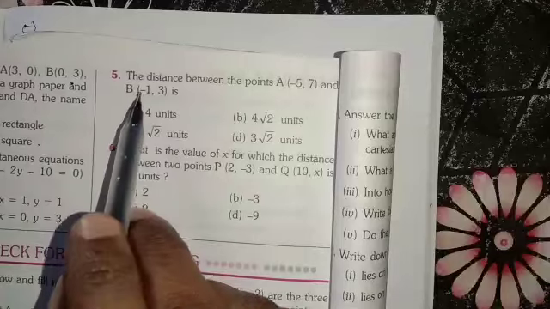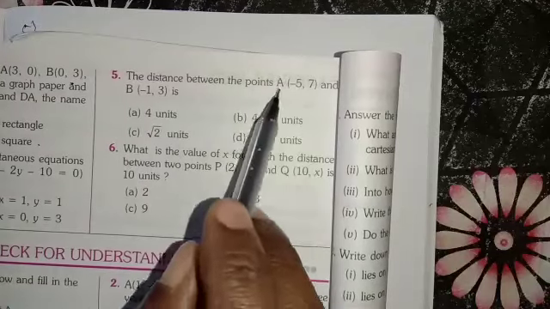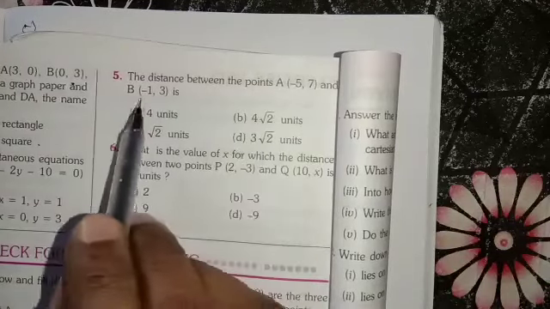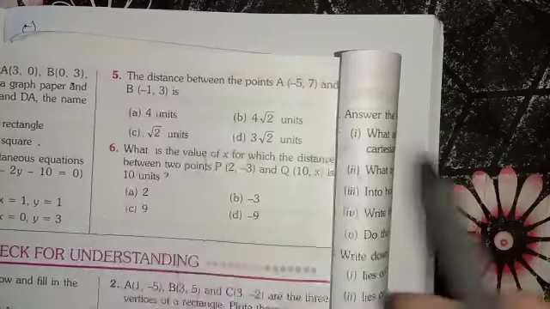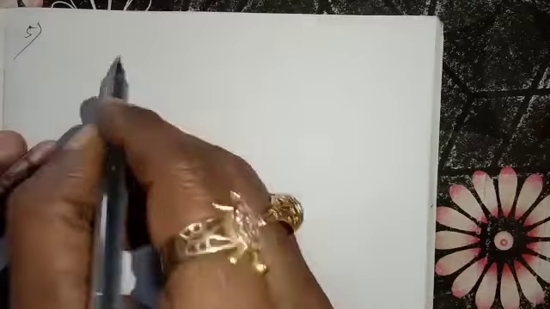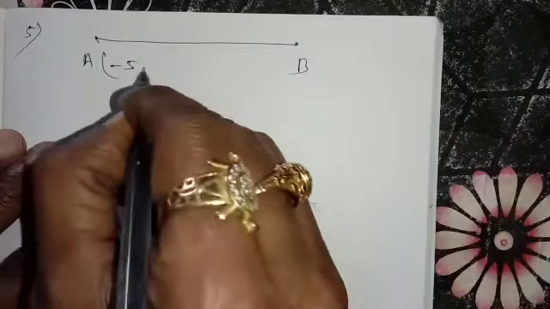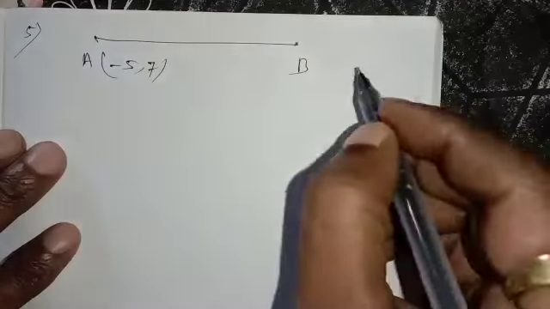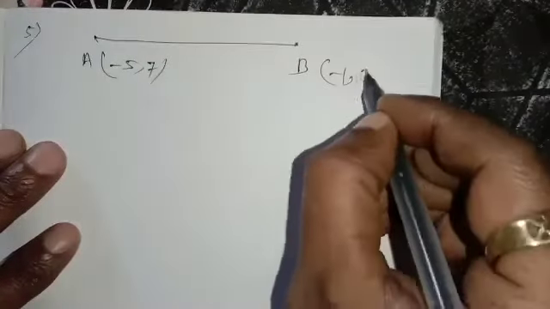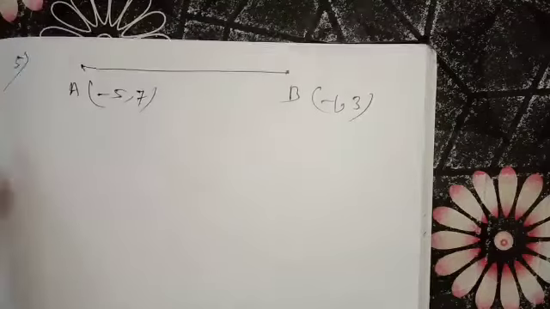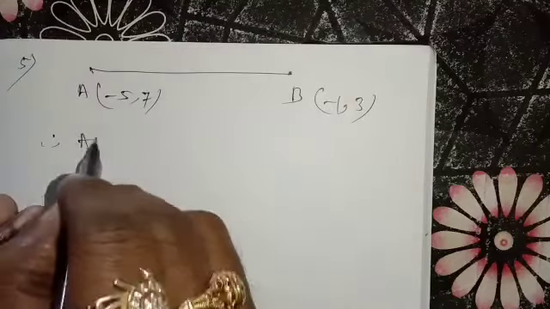Question number 5. The distance between the points A, that is minus 5, 7, and B, given minus 1, 3, is. You have to find out. So first of all write A and B. A is given minus 5, 7, B is given minus 1, 3. Therefore AB will be how much?